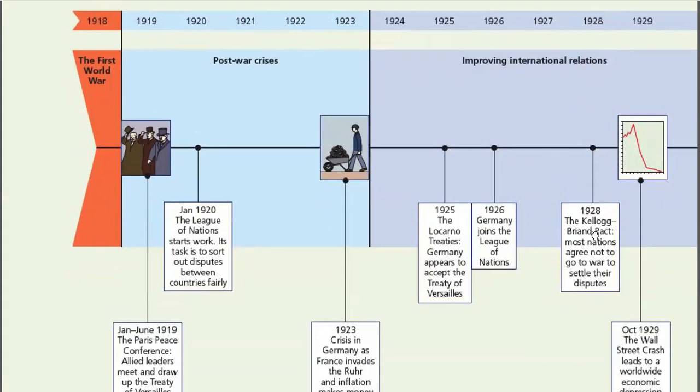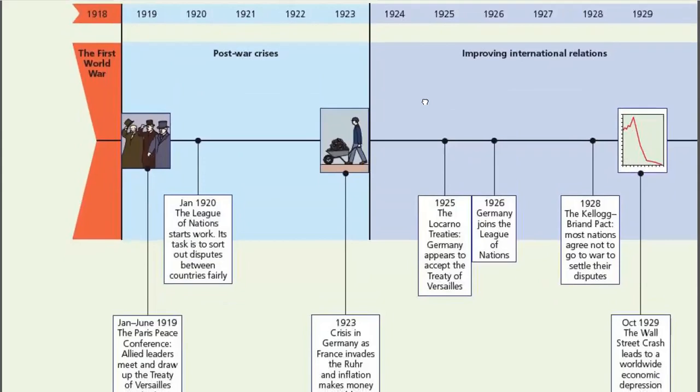1928, the Kellogg-Briand Pact. Most nations agreed not to go to war to settle their disputes. So some countries agree not to go to war to settle their disputes, meaning they stay in their own countries without taking part in war. 1919 to 1923 was post-war settlement.